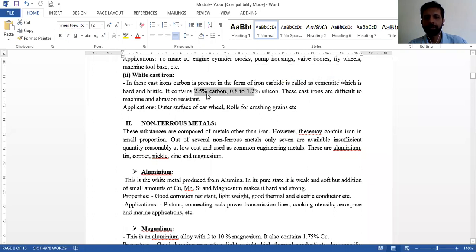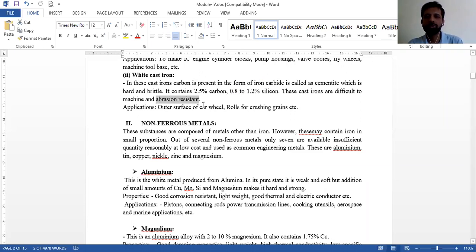It has a carbon percentage of 2.5% and 0.8 to 1.2% of silicon. Because of this, this type of cast iron is going to be difficult to machine, and it is going to be abrasion resistant, nothing but wear resistant. It has very high wear resistance.